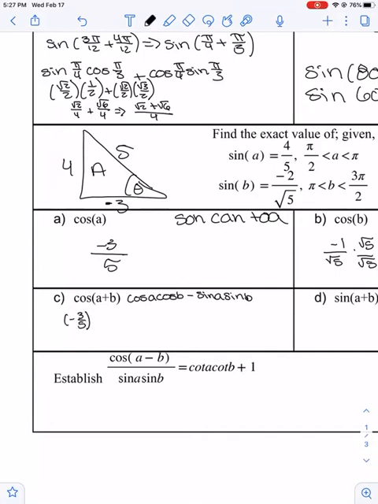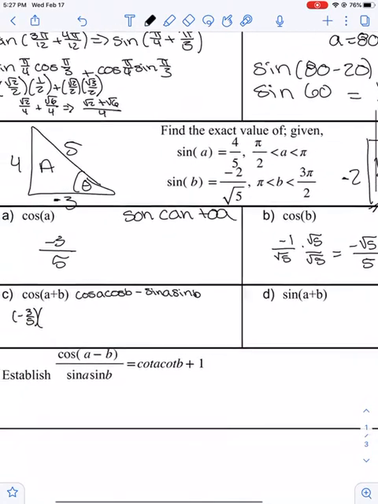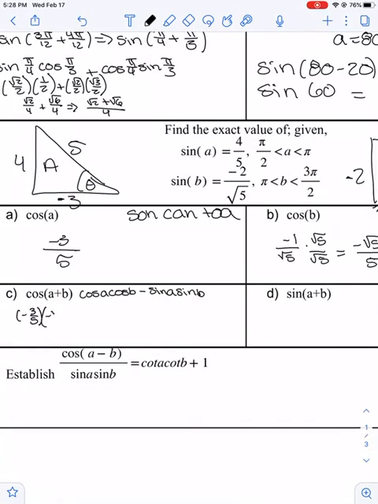So cosine of A was negative 3/5. The cosine of B was, we could say, negative square root 5 over 5. And then minus the sine of A, which is 4 over 5, times the sine of B.